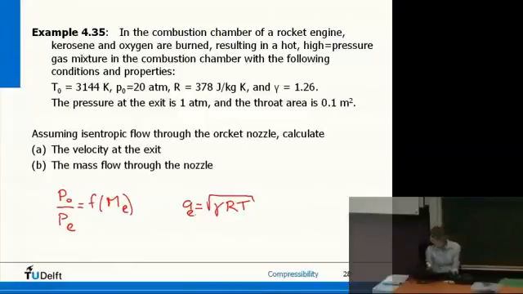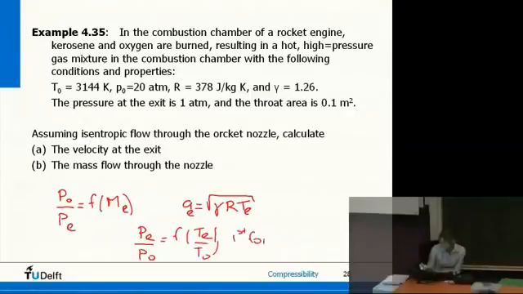P0, P1, and T0, indeed. So the relation, the first form of isentropic flow relations, right? So this is the first form of isentropic flow relations.